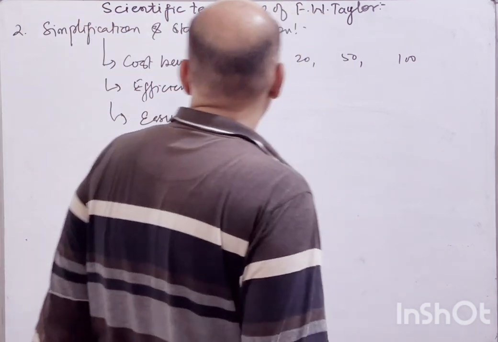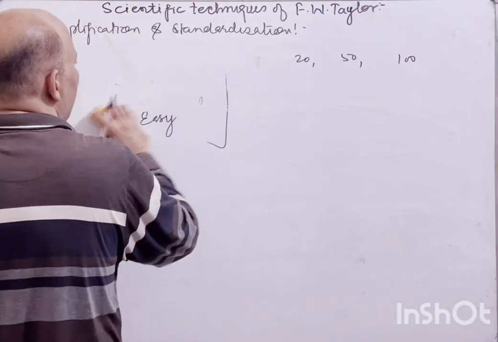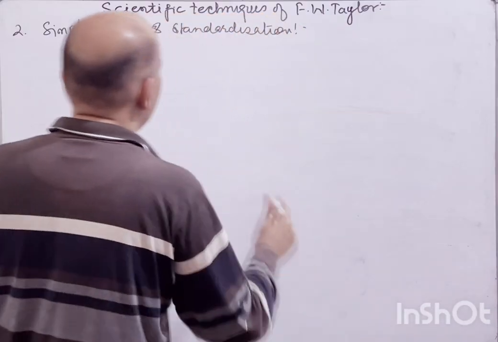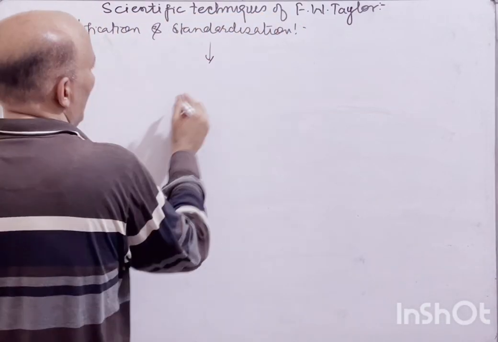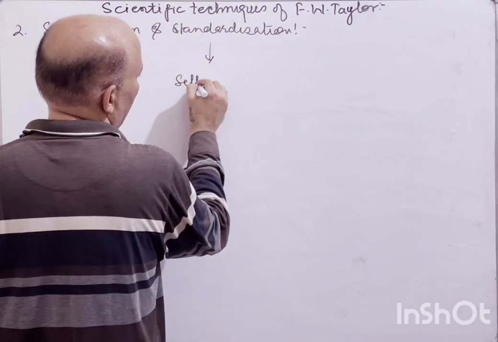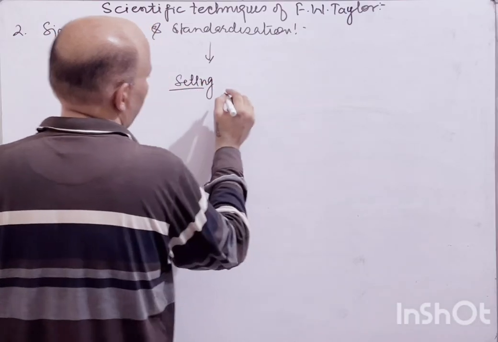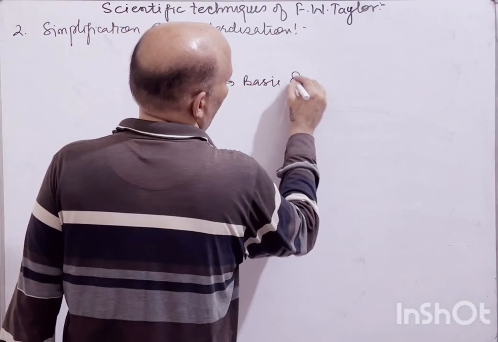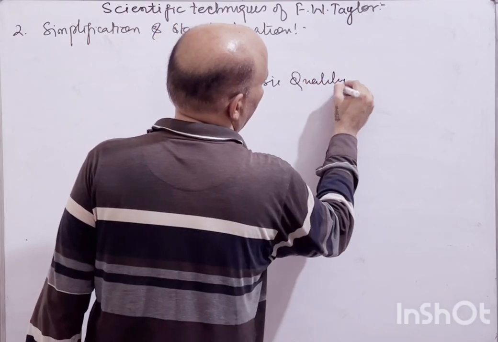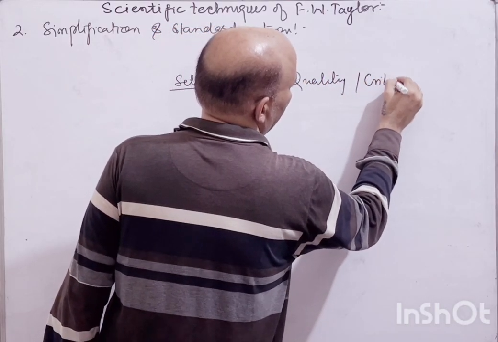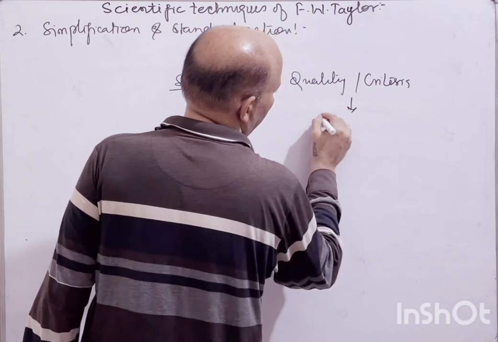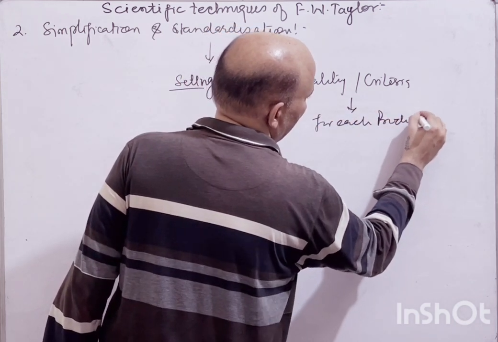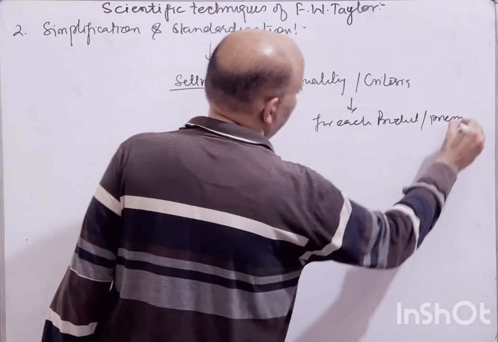Then comes the standardization. Now what is standardization? As the name suggests, standard, right? Standardization is the process in which we are setting, I'm giving you the definition, just wait, setting basic quality or criteria for each product or process, how that thing will be done.